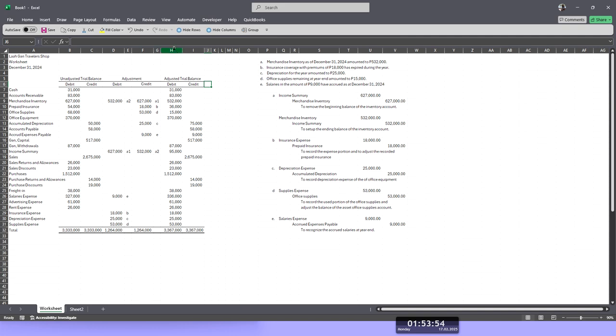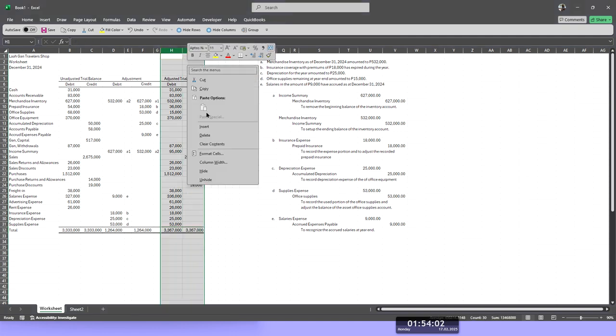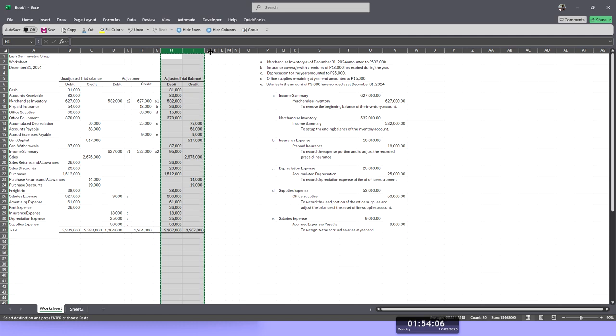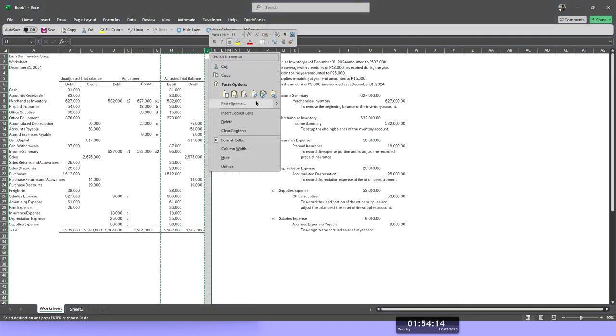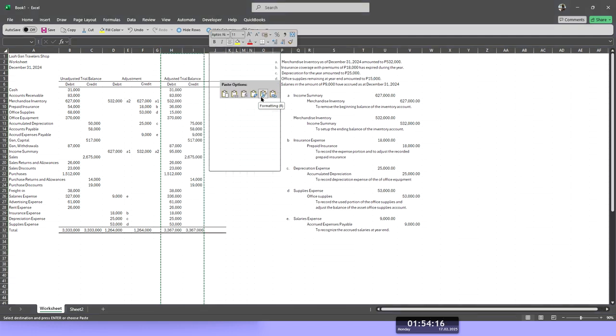So the totals of debit and credit in the adjusted trial balance are equal. We will proceed to the next pair of columns, which is the income statement columns. I'll copy the format of the adjusted trial balance columns and paste it for the next pair of columns.